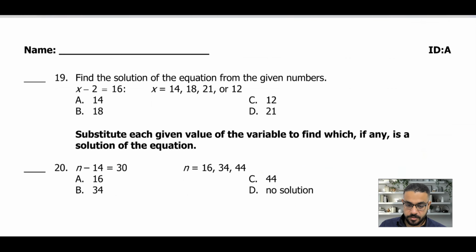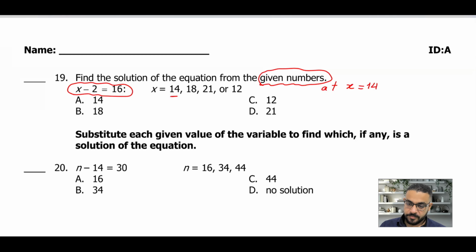Question number 19. Find the solution of the equation from the given numbers. Given numbers means that I have to substitute, replace x with some values to find which one satisfies the equation. So I got x minus 2 equals 16. Mentally, you can calculate it easily. It's 18. But using substitution, if it's an essay question, what should we do? We have to substitute x first, at x equals 14.